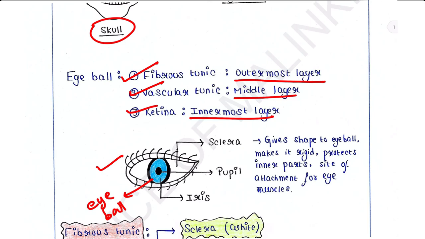This white part that is visible from outside is the sclera. This colored part is the iris. And the small hole-like structure is the pupil.